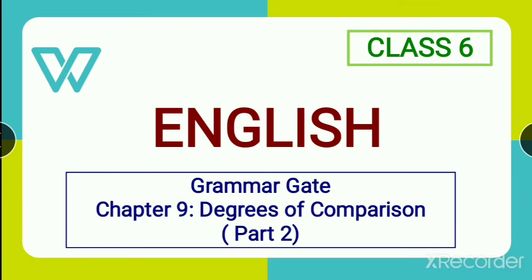Now, first we studied was positive degree, where we were not going to compare a noun with the other noun, right? Next we studied comparative degree, where you compared two nouns, and last was superlative degree, where you compared one noun with all, or two or more nouns you have compared.